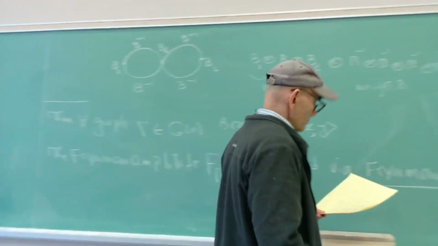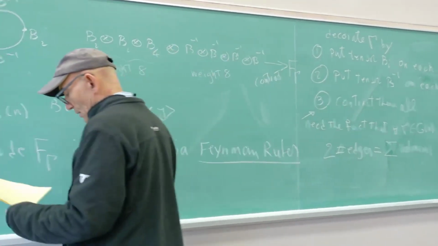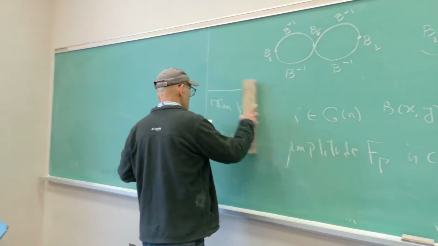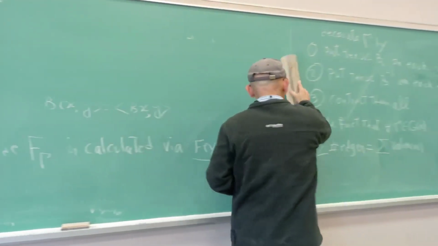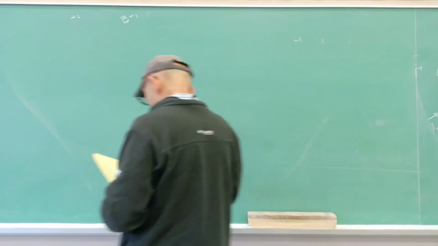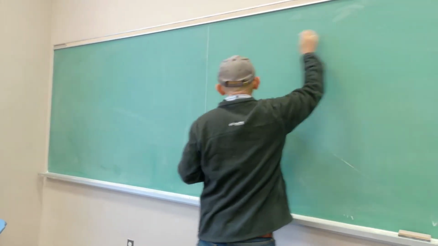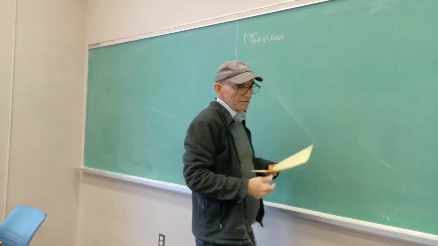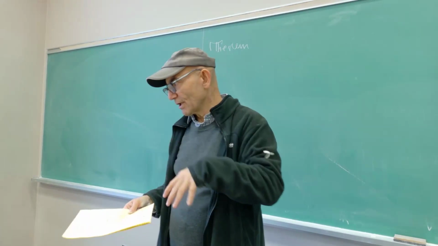So now I can write down the theorem that we want to prove, and start the proof. This is the theorem that we want to prove. We call it Feynman's theorem, but this is not the way Feynman thought about it at all. This is a finite dimensional version.